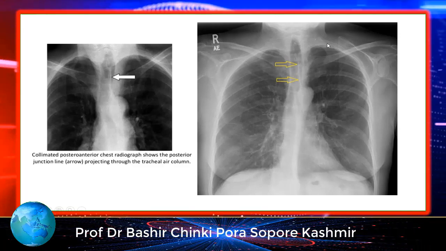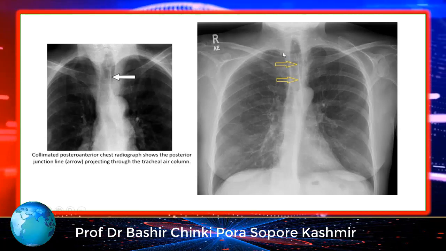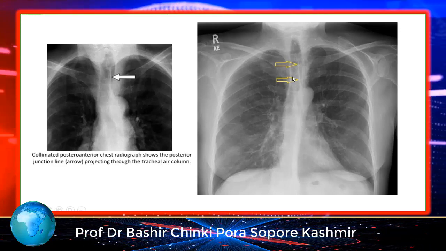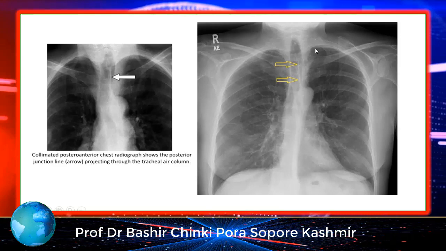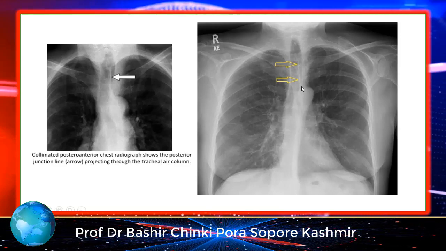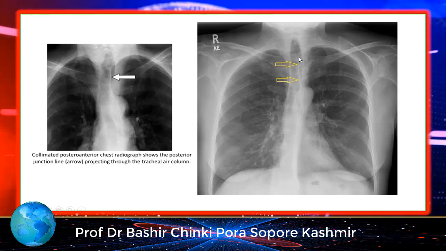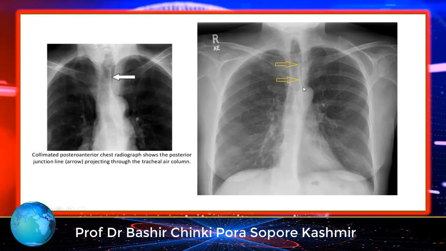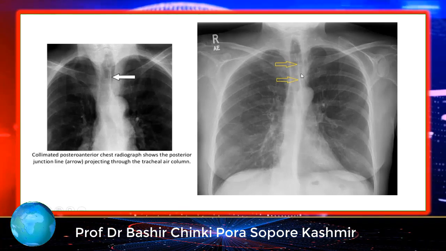And you can see clearly these are the two lungs here, one lung and another lung here, right? So posteriorly, when these two lungs come closer to each other, they form the intervening area, forming a thin line or an opacity, which is called the posterior junctional line.